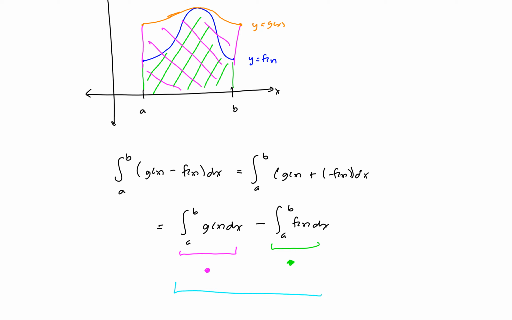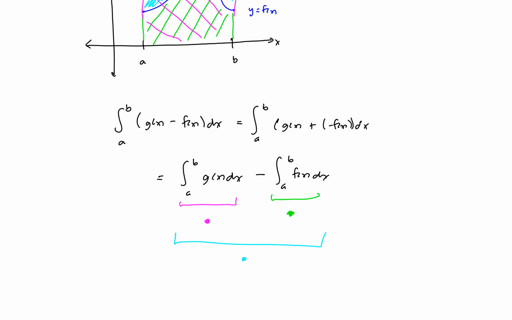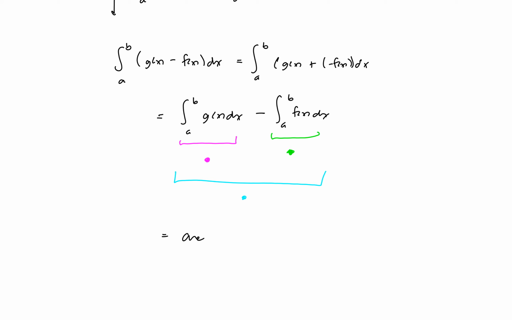So this total is the difference between these, which is this part here. So this is the area between these two functions. This whole thing is equal to the area between f of x and g of x. So that gives a geometric interpretation to that.